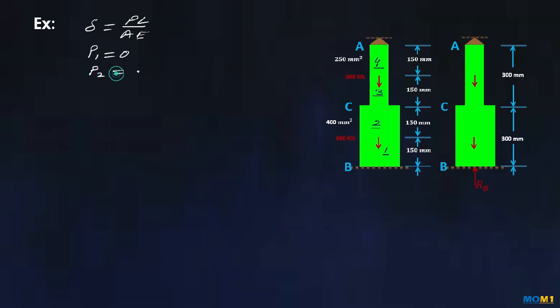P2 is equal to P3, that is the same, of 600 kilonewton, and P4 is going to be 900 kilonewton. You can do it by the sectioning method, which we have done already in the previous case, but here I am going straight forward.